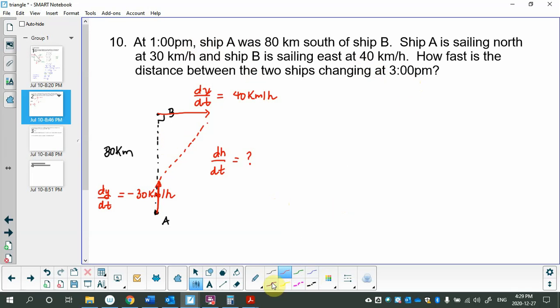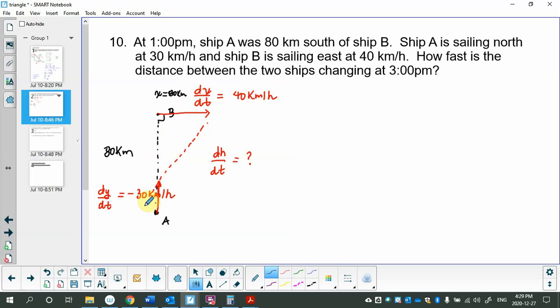Well, it means that my x is 80 kilometers. Because ship B has been traveling for 2 hours at 40 kilometers an hour, so that's 40 each hour for a grand total of 80. And it doesn't mean that this is 80.